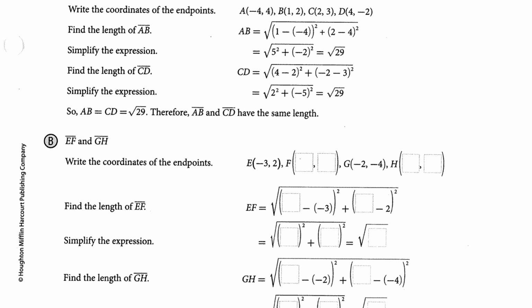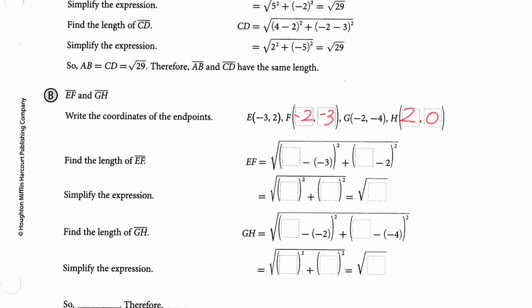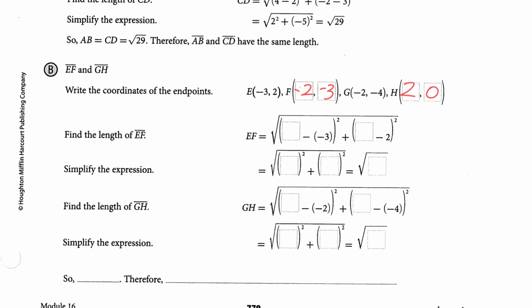The coordinates of E are -3, 2, and the coordinates of F are -2, -3. G has the coordinates -2, -4, and H has the coordinates 2, 0. Starting with the x values, we have F is -2 and E is -3.